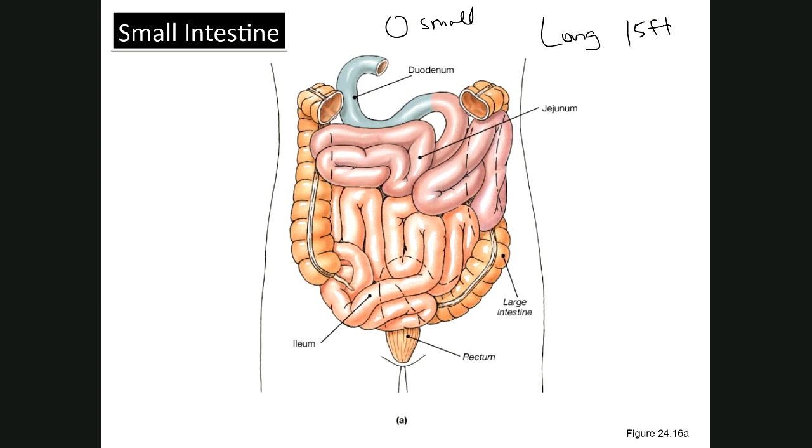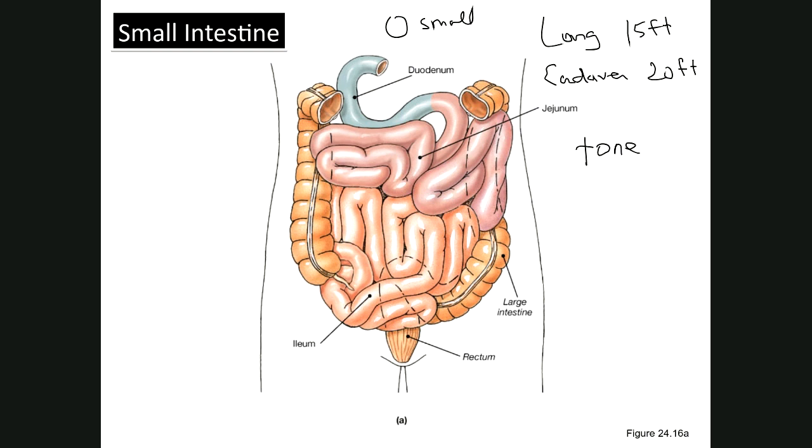But in a cadaver, it's longer, about 20 feet. The reason it's different is because in a living person, there's always some partial contraction, and we call that tone. But when you die, you lose the tone, and so the muscle relaxes, and so the tube gets longer.